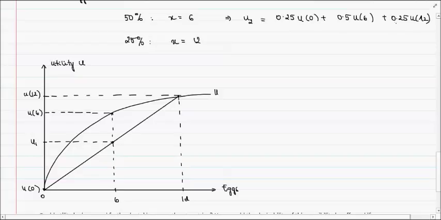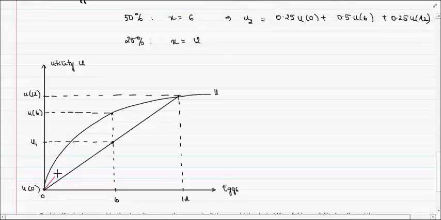Okay, and I would like to draw this on a diagram. Now as you can see, it's a little bit more complicated because we got 25 over here, but if you are looking at it carefully, you can see that it's just basically the midway between the midpoint of u0 and u6 and the midpoint of u6 and u12. Okay, so if you're following me, I'm going to use a red color to indicate that.